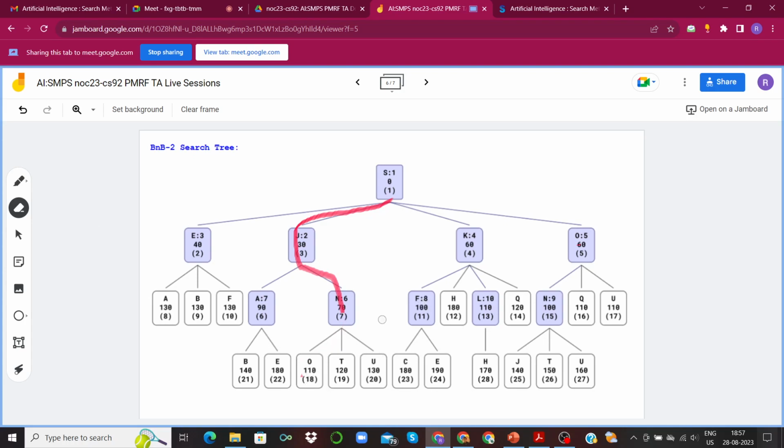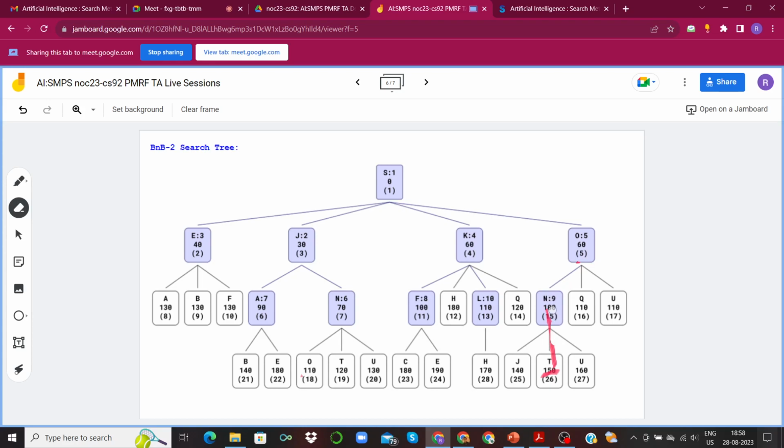Similarly, there is another partial solution represented by another branch of the search tree. Let's consider this particular branch. We go from S to O to N to T with a total cost of 150. So each of these branches gives you a partial solution.